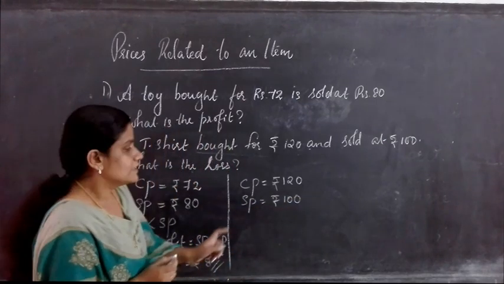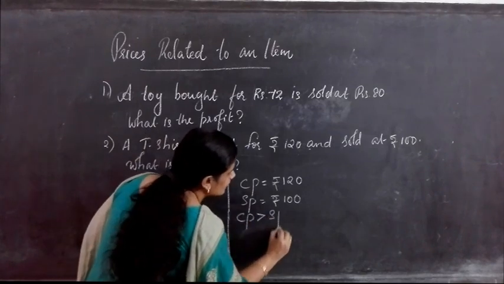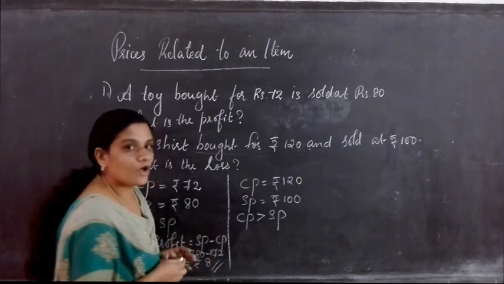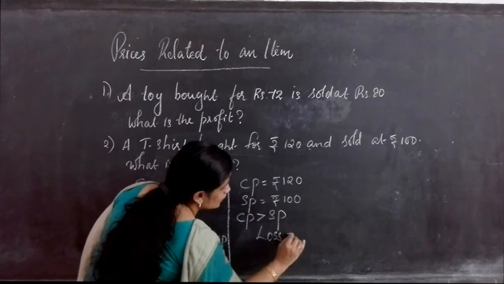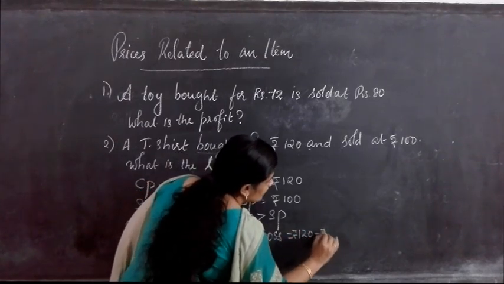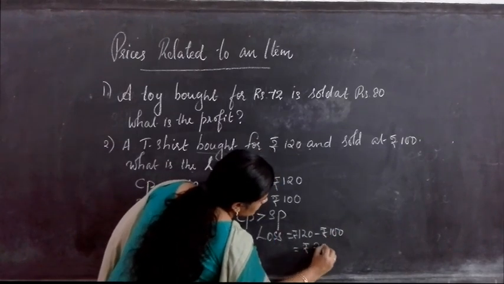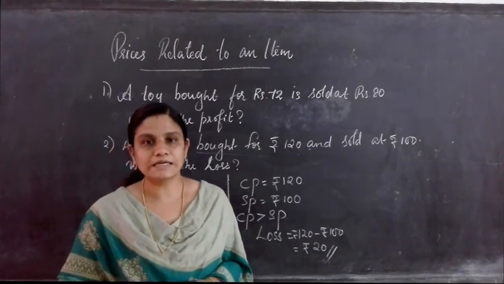From these two we can understand CP is greater than SP, which means loss. So the loss is equal to rupees 120 minus rupees 100, that gives you rupees 20. So the loss is rupees 20.